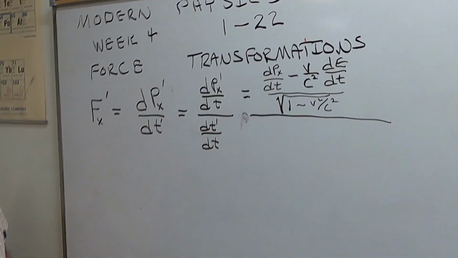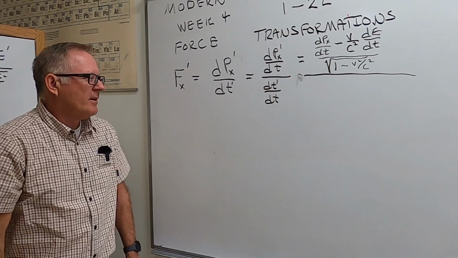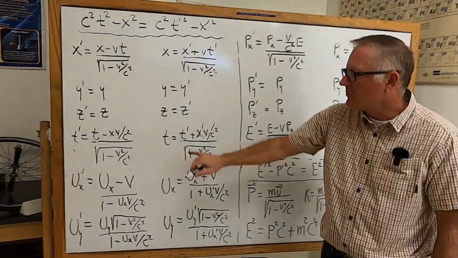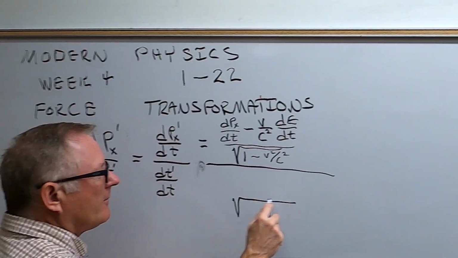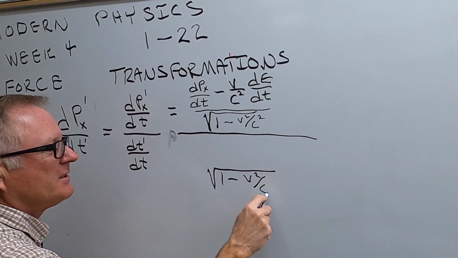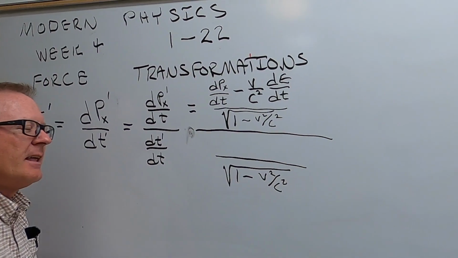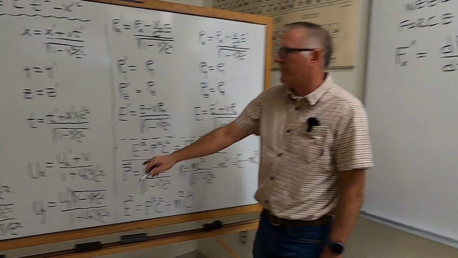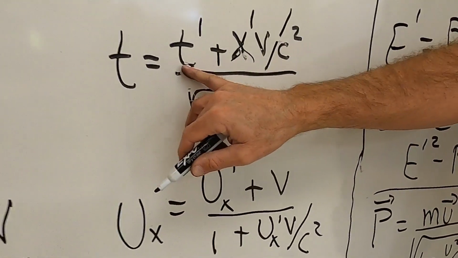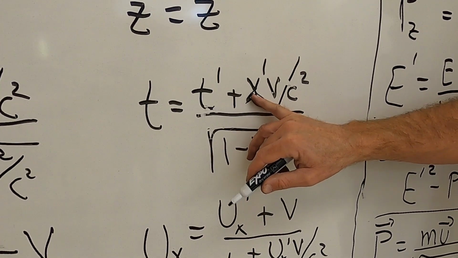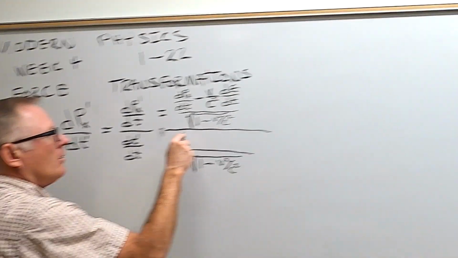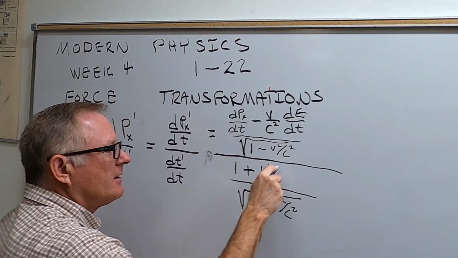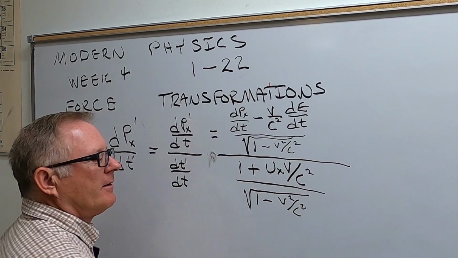Okay. And now we'll just take the derivative of t prime with respect to t. The denominator is a constant, so we can put that in, square root of 1 minus v squared over c squared. And then we just have to take the derivative of the numerator. The derivative of this is 1. The derivative of this is ux. So it's 1 plus ux v all over c squared.